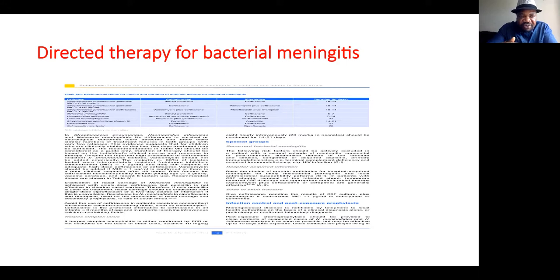For Streptococcus pneumoniae, depending on the MIC of this microorganism, if it's around 0.06, you can still use benzyl penicillin, but otherwise it's better to use a third generation cephalosporin.